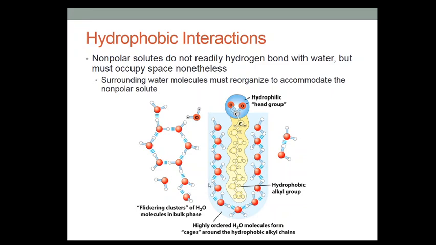So these waters are ordered as they surround the nonpolar part, and this occurring without any solute-water hydrogen bonding leads to an entropic penalty to dissolving a nonpolar solute in water. Hence the commonly observed phenomenon of forming two layers. You have your oil layer and your water layer, and this is a consequence of entropy, really.